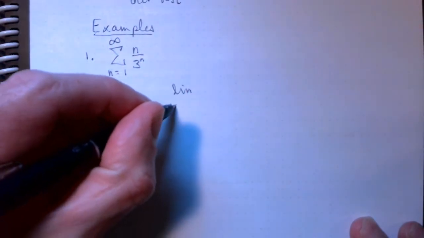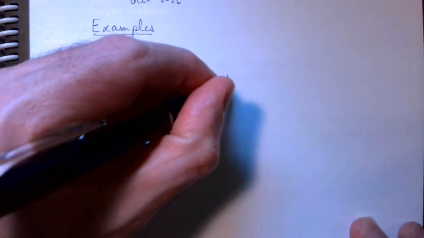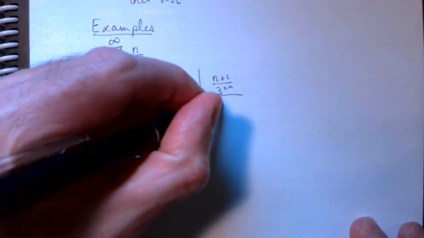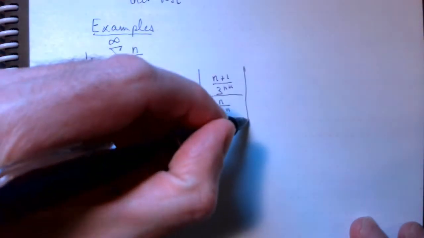So what I need to do is look at the limit as n goes to infinity of the absolute value of a sub n plus 1, and that would be this, over a sub n.